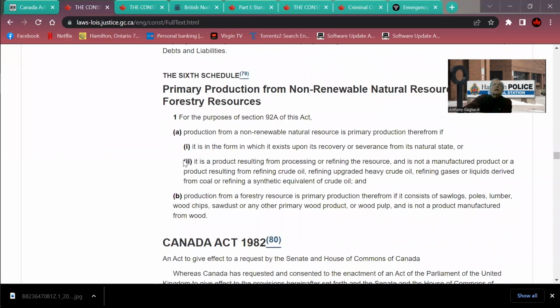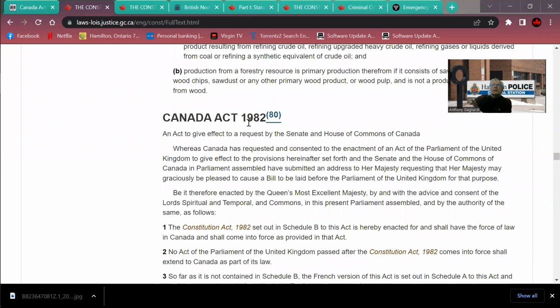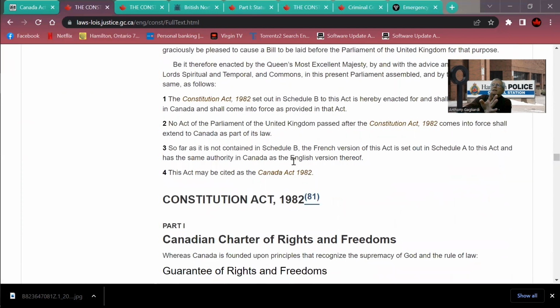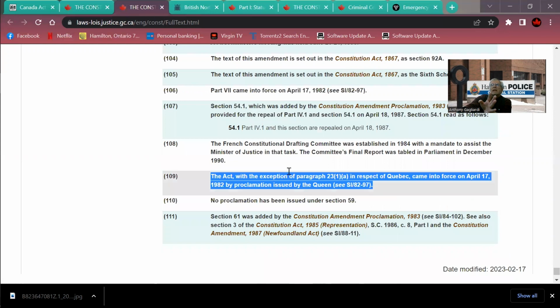Okay, and then after that, it throws in here, and I would say improperly, the Canada Act. This was not put in through an act of parliament. This was just thrown in, and I can't explain how or why, but it has here the Constitution Act 1982, for which if you start reading the footnotes, you'll see that the act, the Constitution Act 1982, with the exception of a certain paragraph, came into force on April 17th, 1982 by proclamation issued by the Queen.